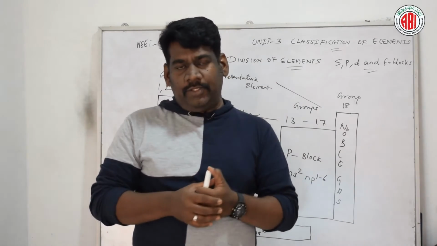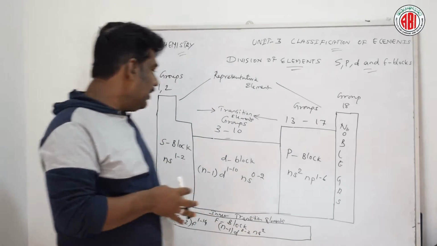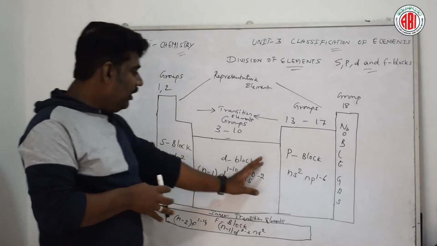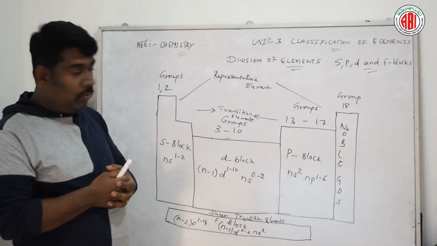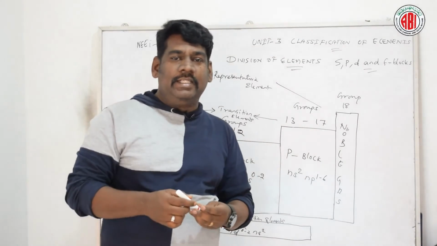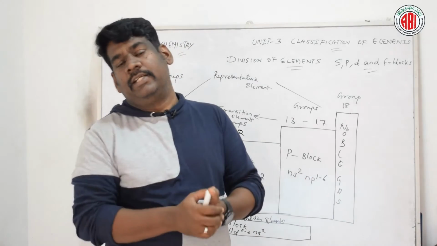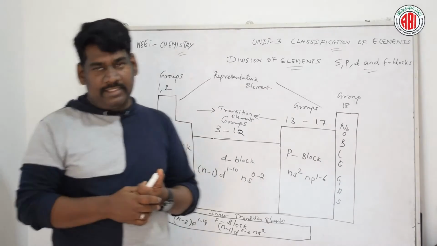This block consists of the elements lying between the S block and the P block. These elements are placed in the groups starting from the third group to the 12th group. So the elements are packed in between the S block and P block elements.